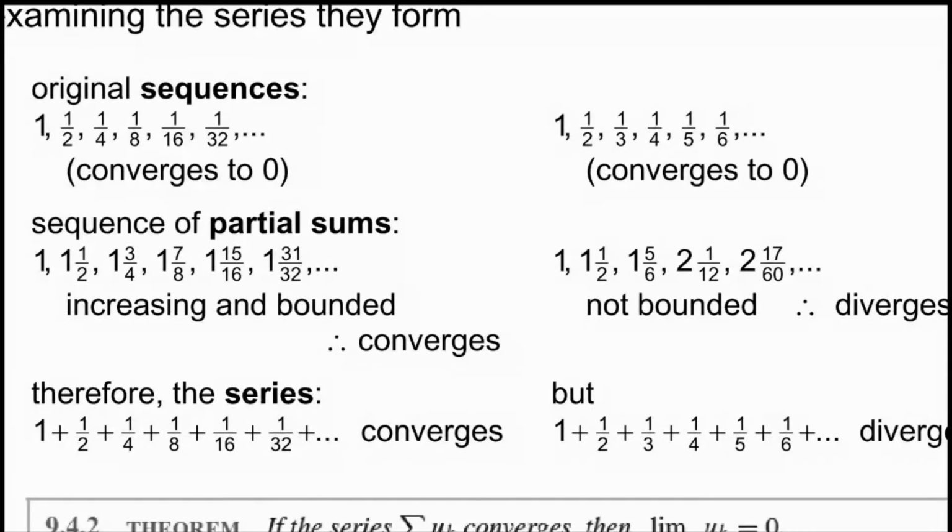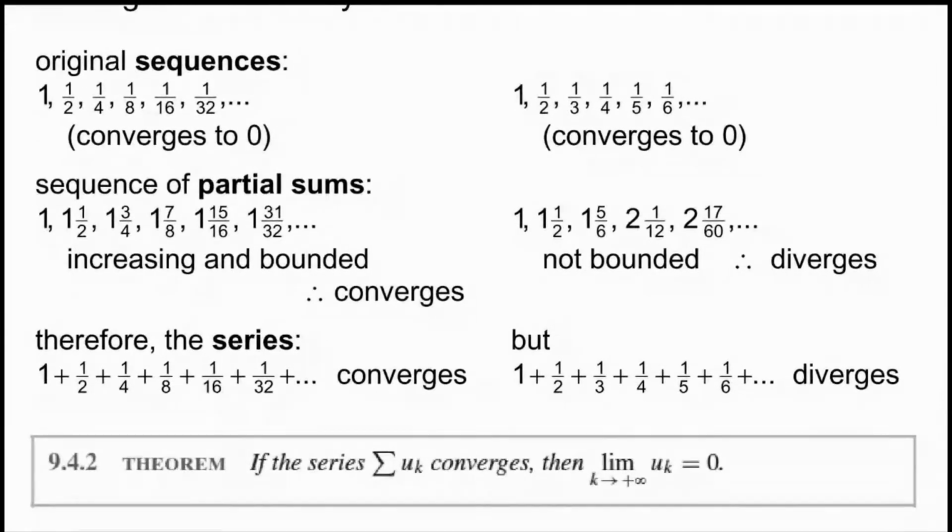So in the end, it turns out that the series that uses the terms in that sequence on the left is going to converge, and the one on the right actually diverges. And again, remember the one on the right was the harmonic series, so we kind of know why it diverges. The main idea is I can't just look at the terms and see that they approach 0 and know that my series is going to converge.